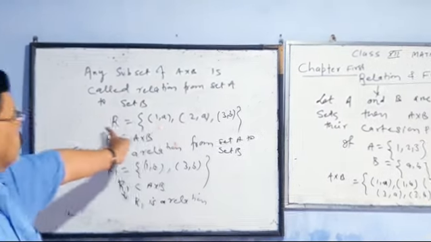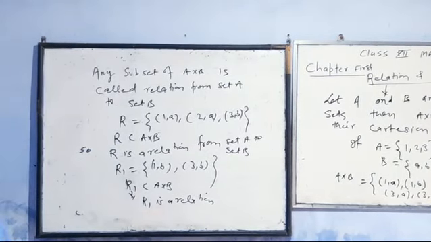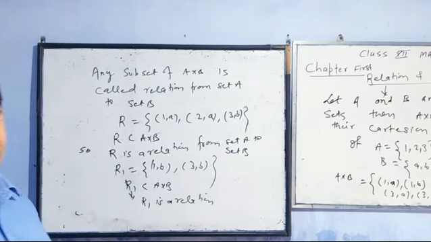Now, if R is a relation, then what are its domain, range and codomain?